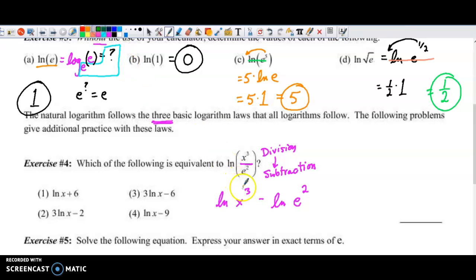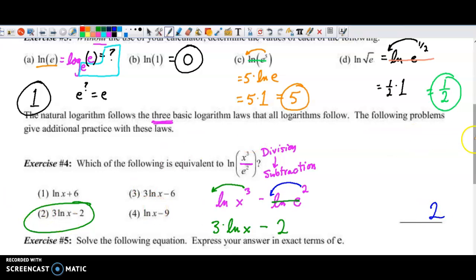And from this point, we can practice our power rule where we move that 3 in front. And remember, natural log of e is just 1 with that 2 right there. Otherwise, feel free to do some more work. Move that 2 in front, and then it's 2 times 1. But no matter how you do the problem, the answer is option 2.